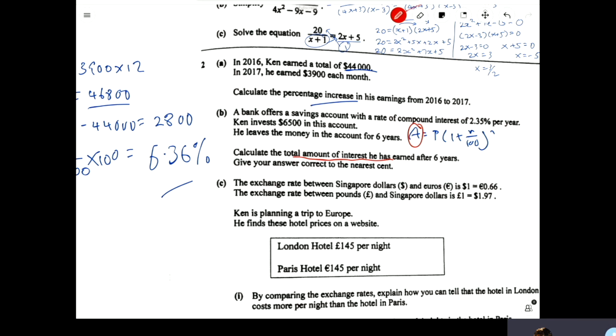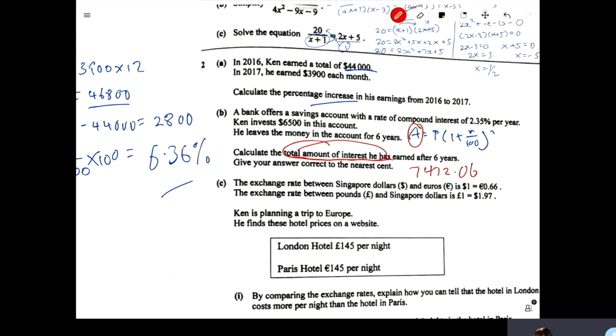The total interest is, you have to minus the principal. Can you tell me what's your A? My A is 7472.06. That's correct. I write down 7472.06, right?